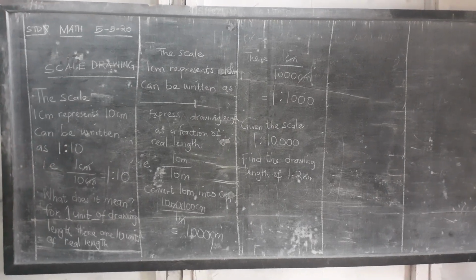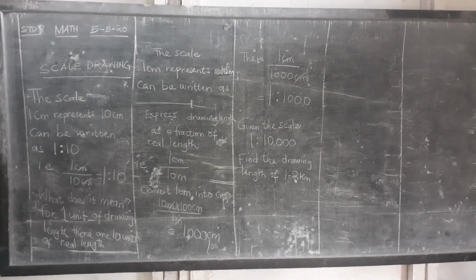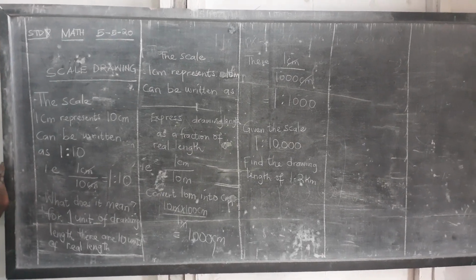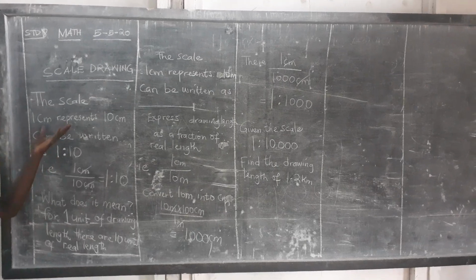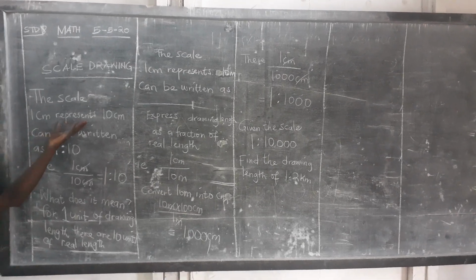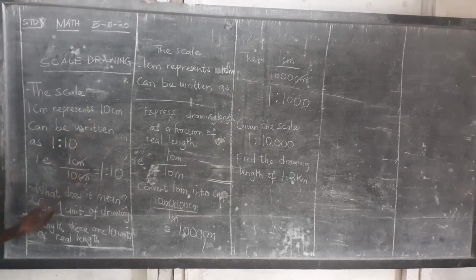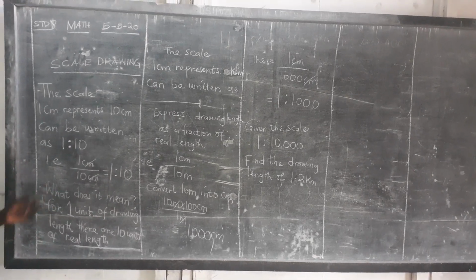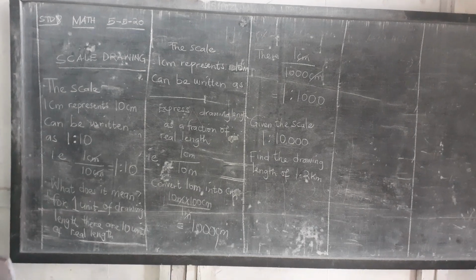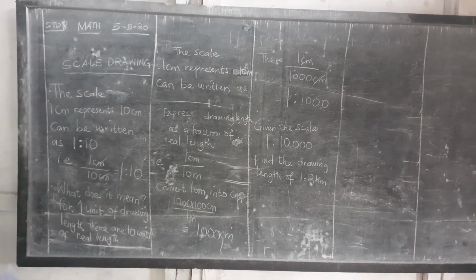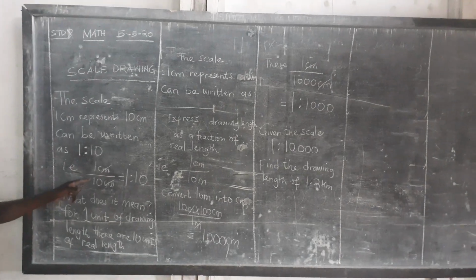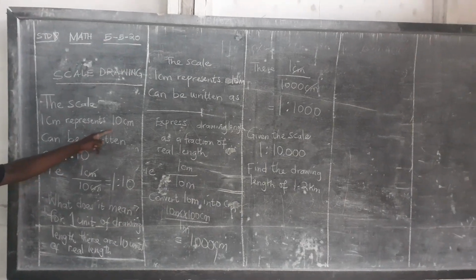So how can it be written? Now there is a formula which I think you already have with you. The formula on how to convert a representative scale into a ratio scale is given as this. We must have the drawing length over the real length.